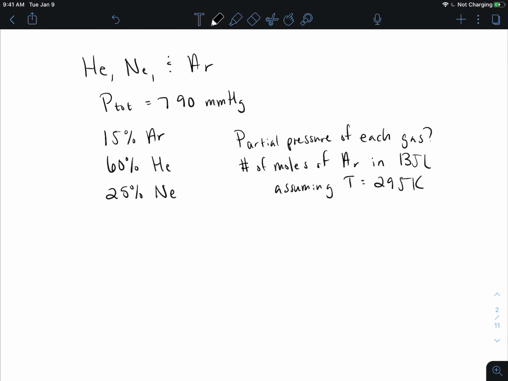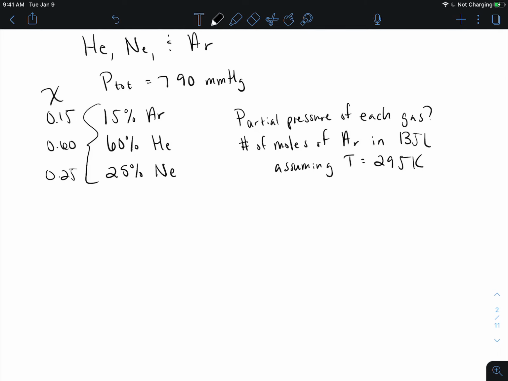So this is basically saying that we have a mole fraction of 0.15 for argon, 0.60 for helium, and 0.25 for neon. These are our mole fractions.